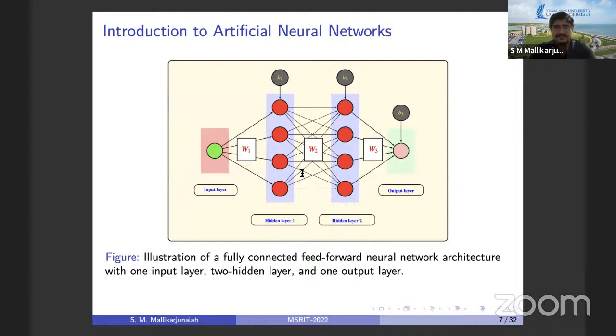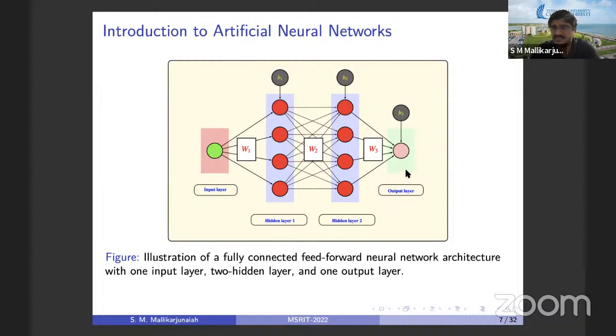from this talk. Now the fundamental architecture of artificial neural networks looks like this. In the picture on your screen, the leftmost layer we call the input layer. This can be a single vector or a combination of vectors. The rightmost layer is called the output layer.